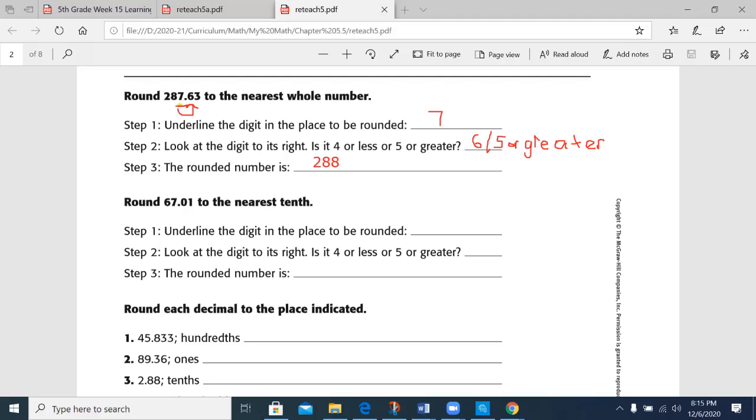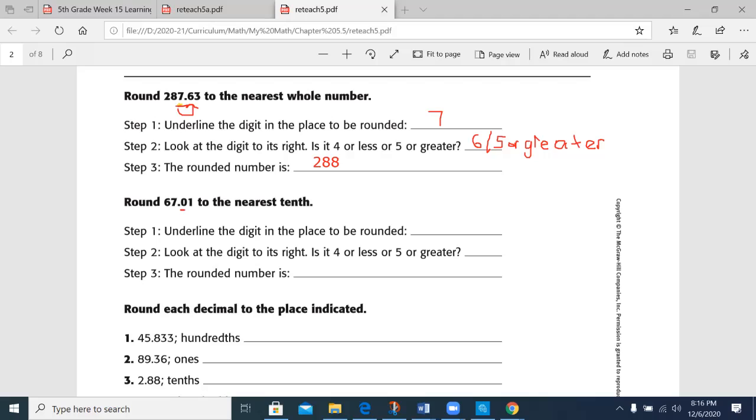All right, let's do another one here. Round 67 and 1 hundredth to the nearest tenth. Tenth is going to be this 0 here. Tenths are the first number to the right of a decimal point. Remember, there are no "oneths." It goes tenths, hundredths on this side, and then ones, tens going that way.